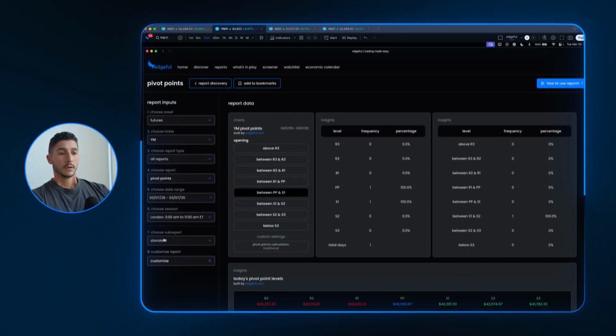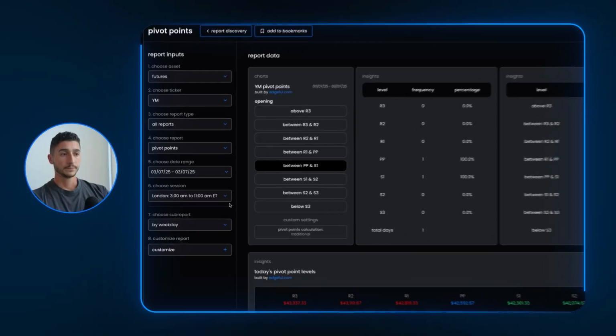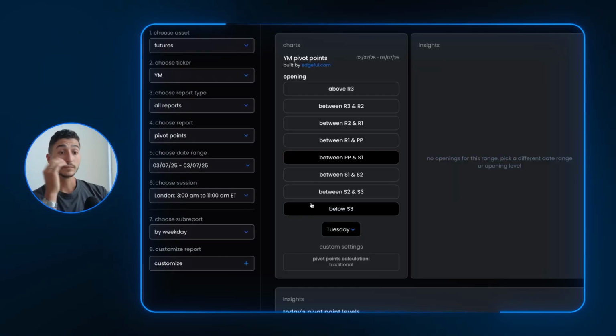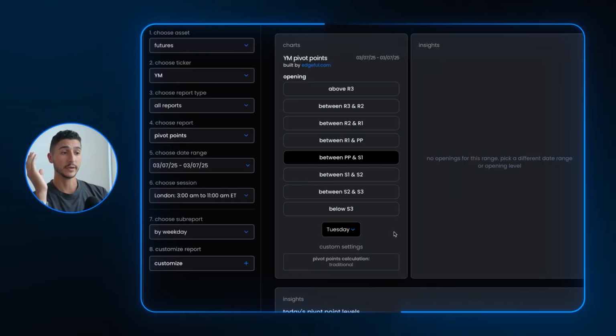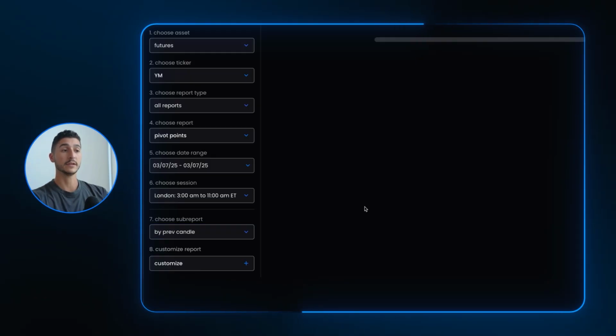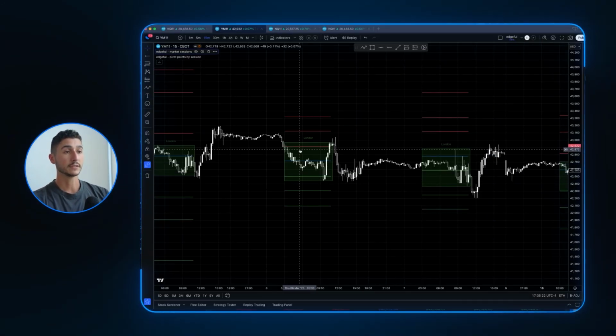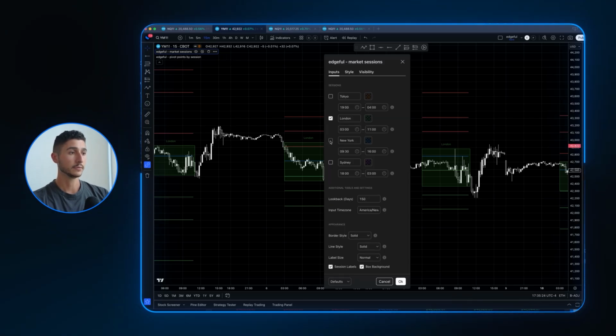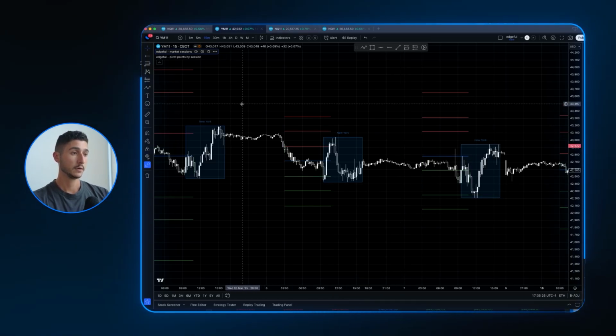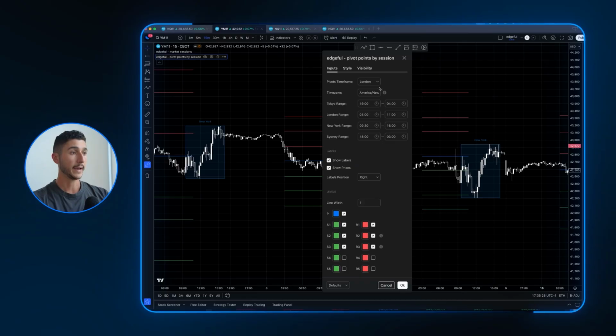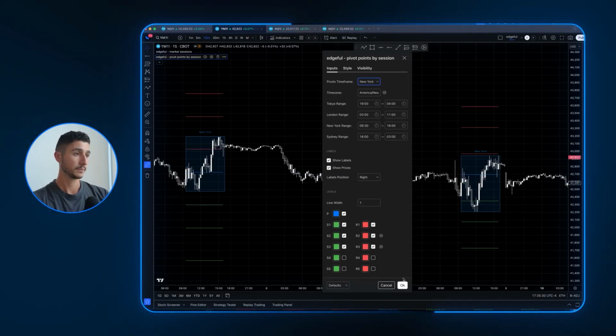Now, the by-weekday variant allows you very simply to filter by the weekday, and then the by previous candle, let's go back to the New York session here. By previous candle is going to allow you to filter for what happened yesterday.